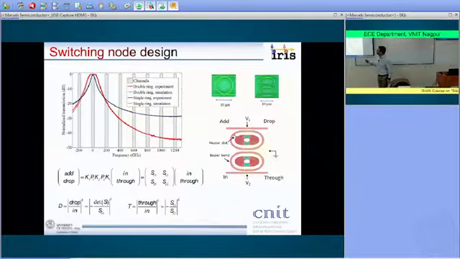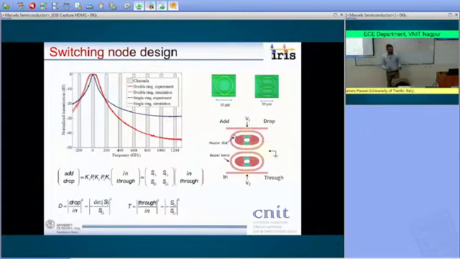What is the problem with a single microring resonator? The problem is that we want to manipulate this given channel, this given wavelength, but however, the light that is transmitted by the microring resonator in the nearby channel is too large. Okay?